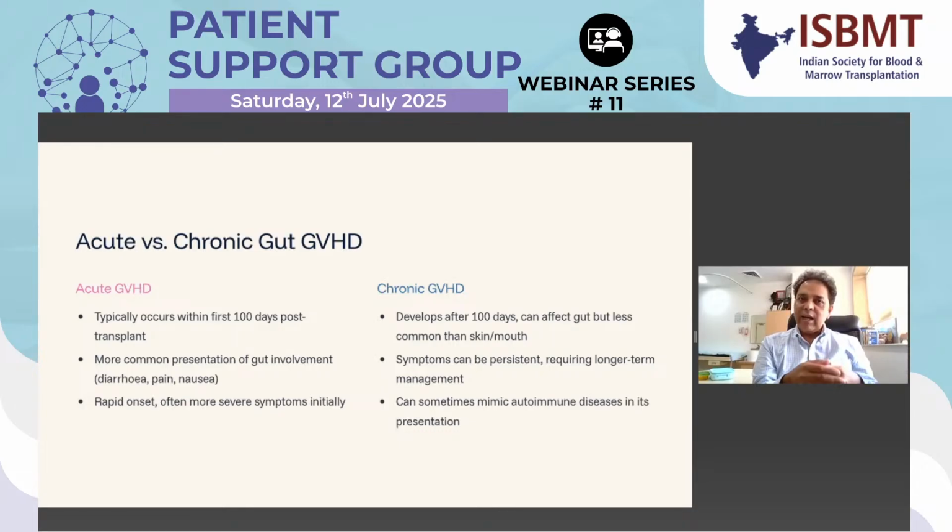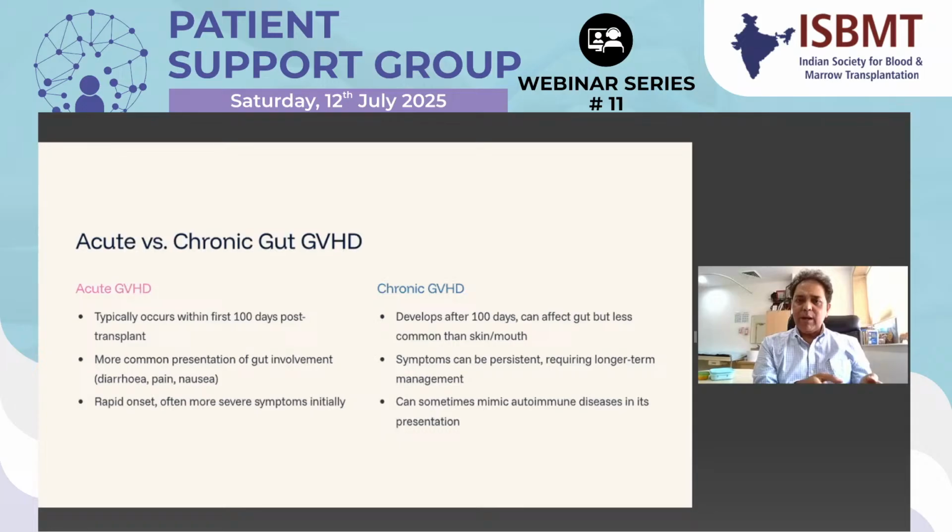It can affect many organs, but the one we are going to focus on today is the stomach and intestine, which we call the gut. Acute is the more common. When you have acute GVHD, mostly it presents as gut GVHD. You might have some more severe symptoms initially, and then they can come under control.